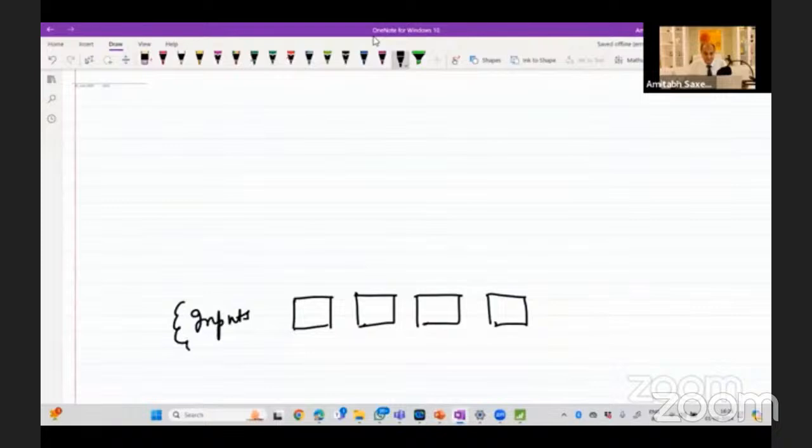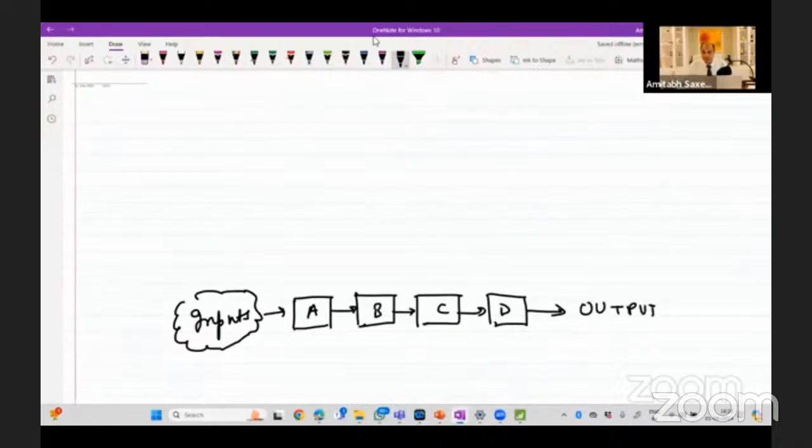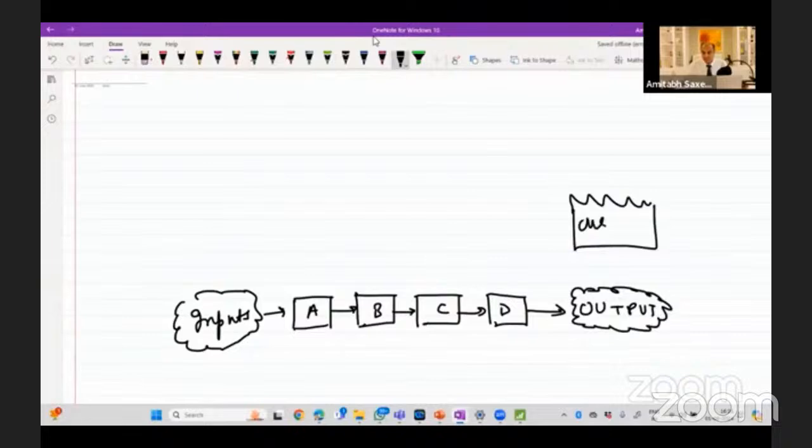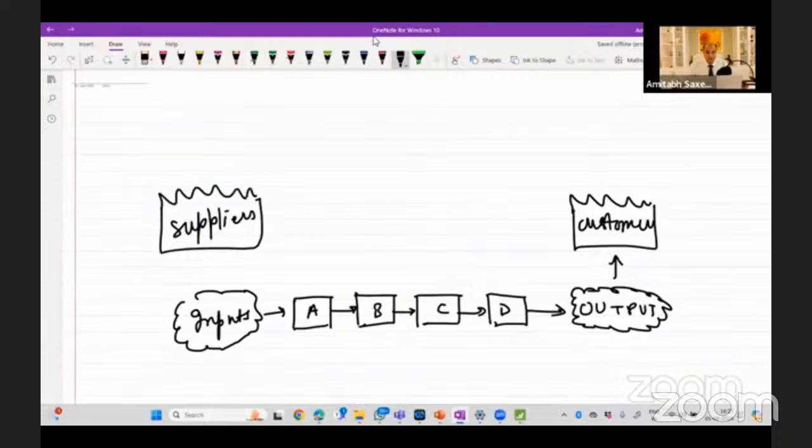taking certain inputs, and through a series of process steps, it is converting into an output which is consumed by the customer. Okay, the outputs are consumed by the customer, and suppliers are supplying the inputs.